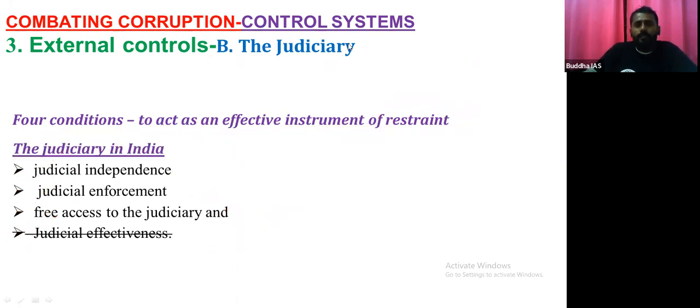Okay. In India, we have got one, two, three, but the fourth one, judicial effectiveness, is absent. The judiciary is independent and it is capable of enforcement, and we have got free access to the judiciary, but it is not effective.